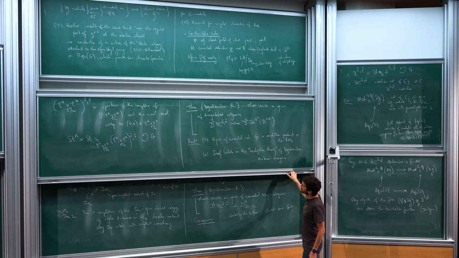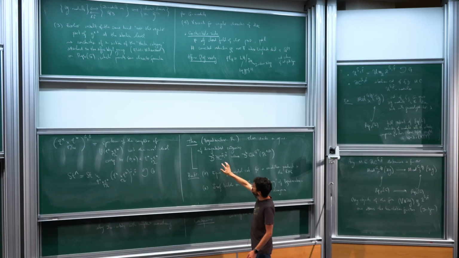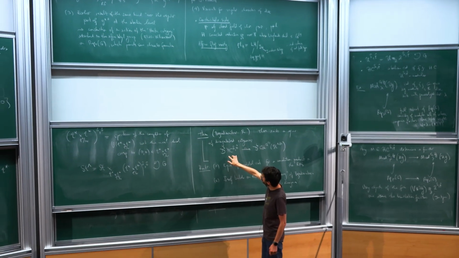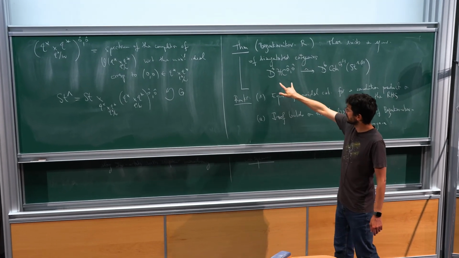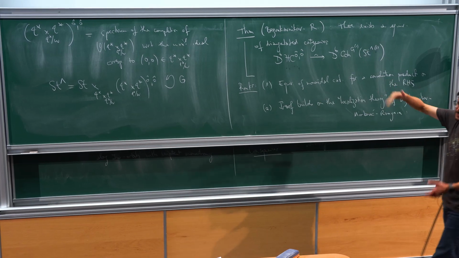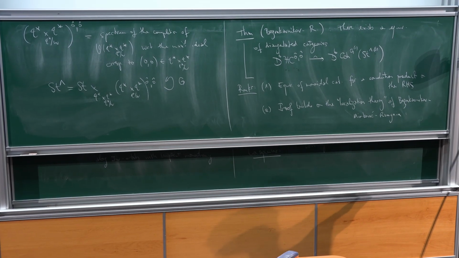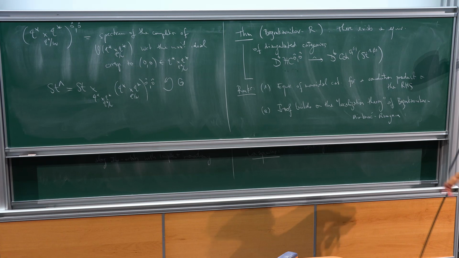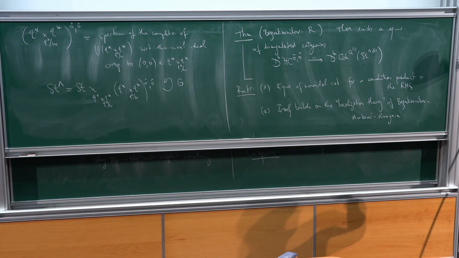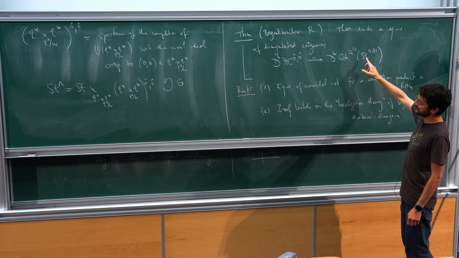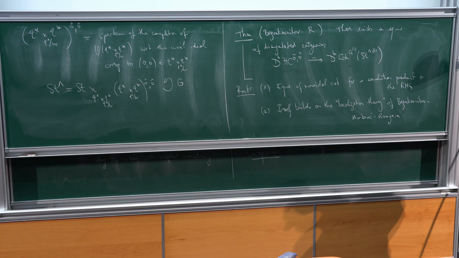Well, the baby example is just the unit object on both sides. So the unit object here will be UG tensored with the completion of the Harish-Chandra center, and it corresponds to the structure sheaf of, essentially, the diagonal copy of G tilde in the Steinberg variety.